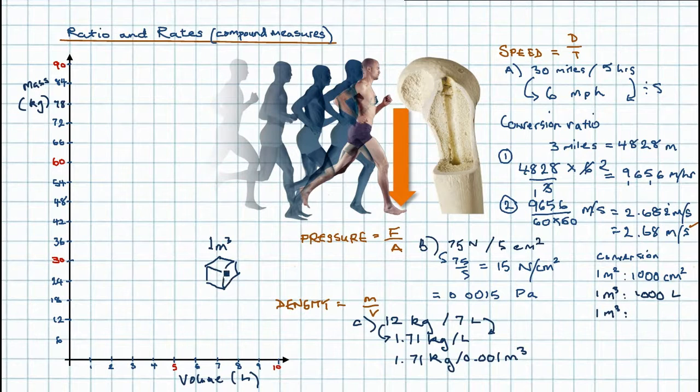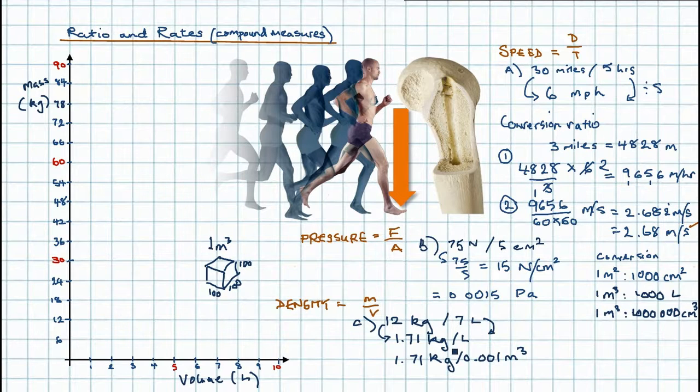Well, we've got 100 centimeters in a meter along this side, 100 centimeters along this side, and the height must also be 100. So it's 100 times 100 times 100, and that's 1,000,000. I think one of the commonest mistakes is not realizing this conversion. It may be given to you, but it's well worth remembering. So 1,000,000 cubic centimeters in a cubic meter.